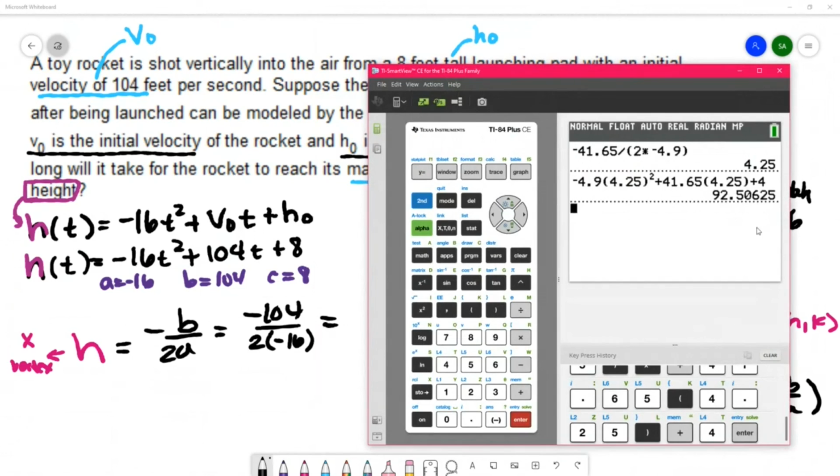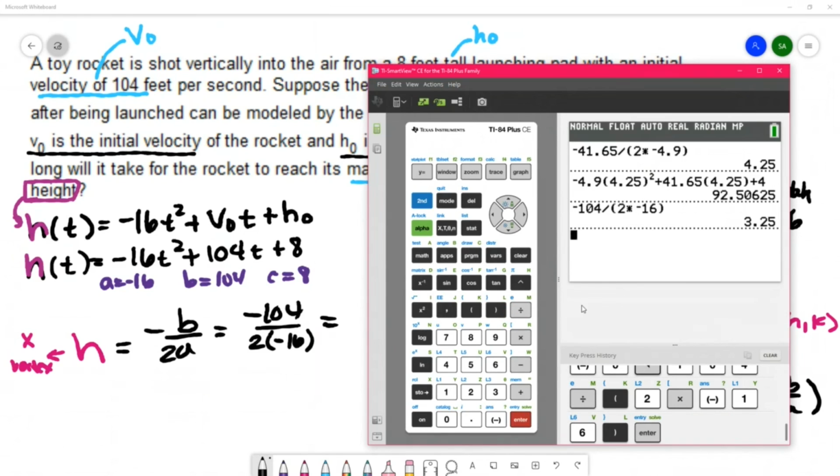We have negative 104 divided by 2 times negative 16, and that gives 3.25.